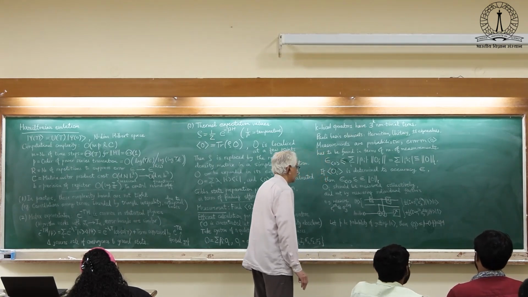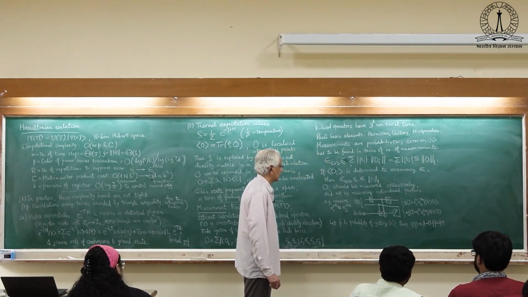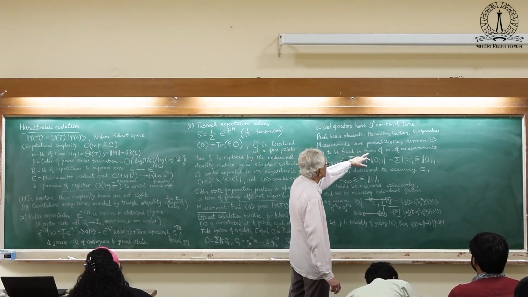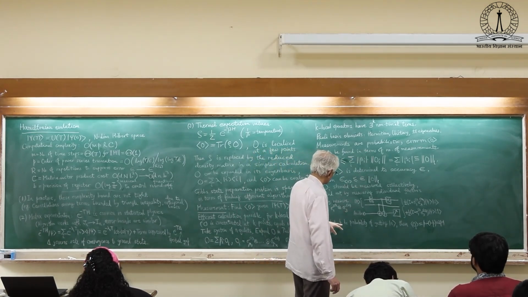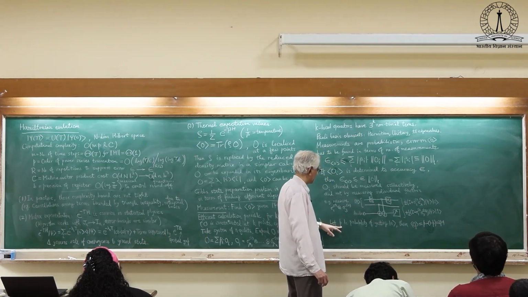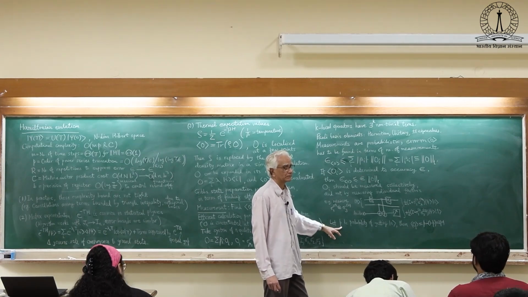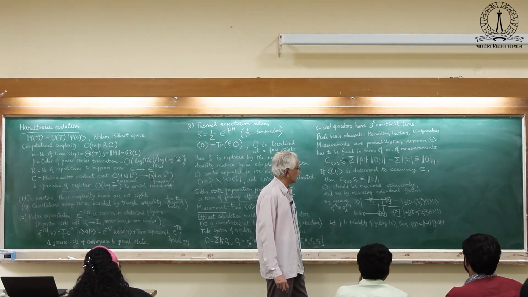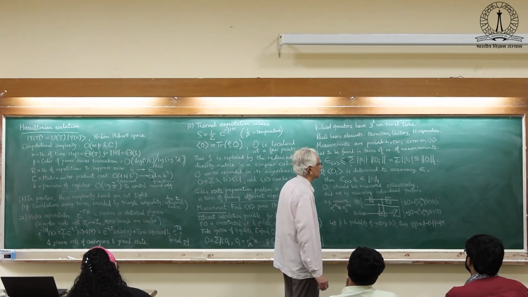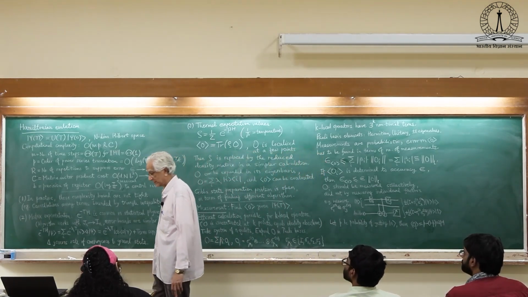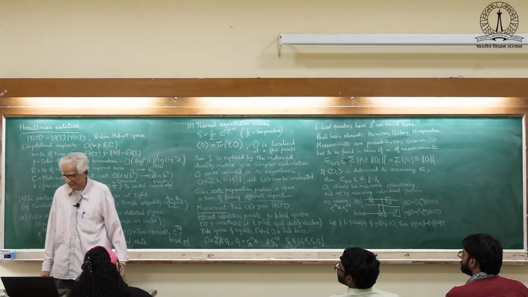Okay. And now the job is how many measurements you need to get an accurate estimate of p. And for that now we have to do an exercise in probability theory.